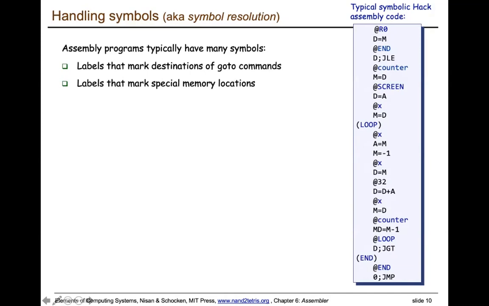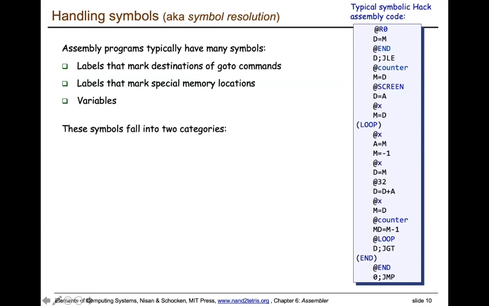This is a very special memory allocation. Adding @screen means you try to write information to or get information from the screen. Then I have variables, like X and counter here.